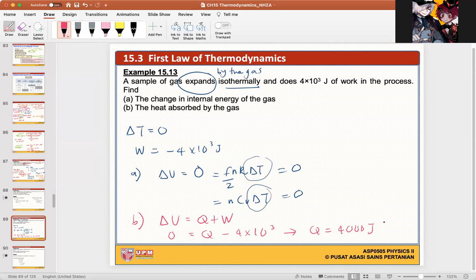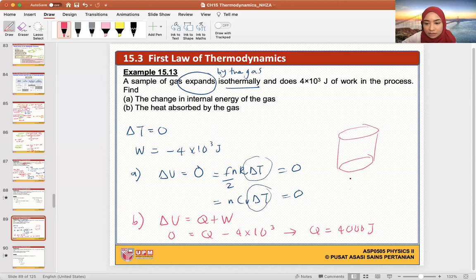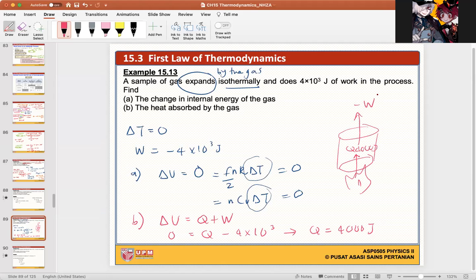So what does it mean here? It means my gas is absorbing 4,000 joules of heat, Q. The gas expands and does work. So negative W.